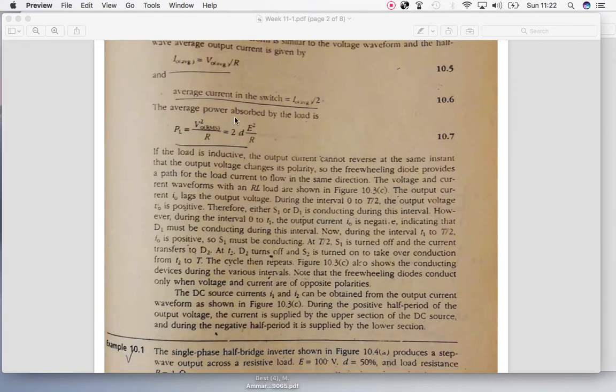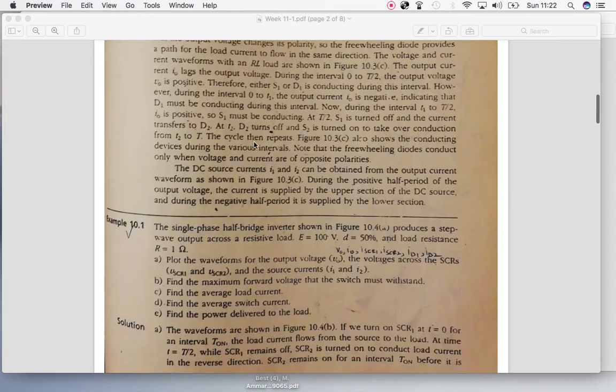Then to calculate the output power at the load side, we have this relation, in which we have the output RMS voltage squared divided by R, and putting in the value of this RMS output voltage, we have this relation over there.